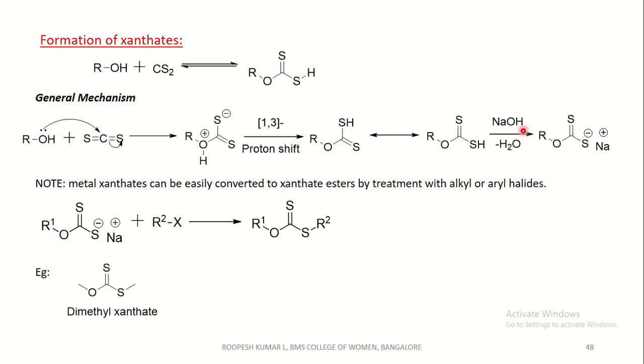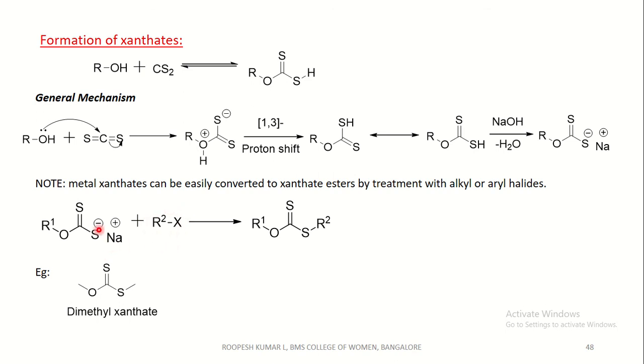This on reacting with NaOH gives the corresponding sodium salt, which is a xanthate. This is called a xanthate. This is a xanthic acid. Now xanthates can be easily converted to xanthate esters by treatment with alkyl or aryl halides.